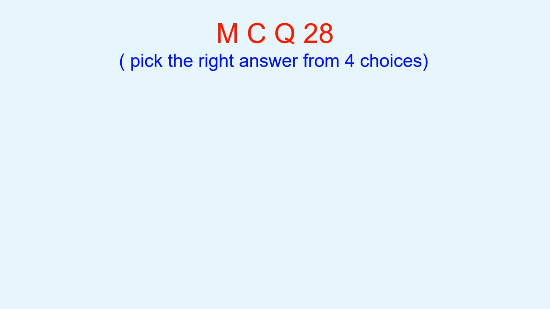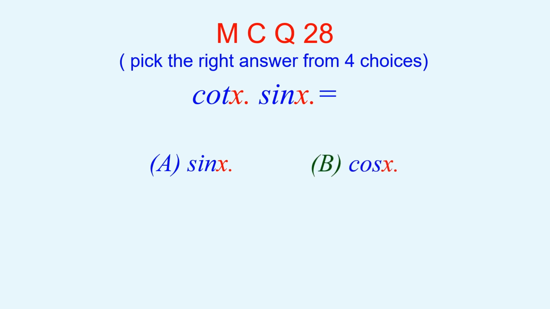MCQ number 28. What is the cotangent of x multiplied by the sine of x? A. The sine of x. B. The cosine of x. C. The secant of x. D. The cosecant of x.